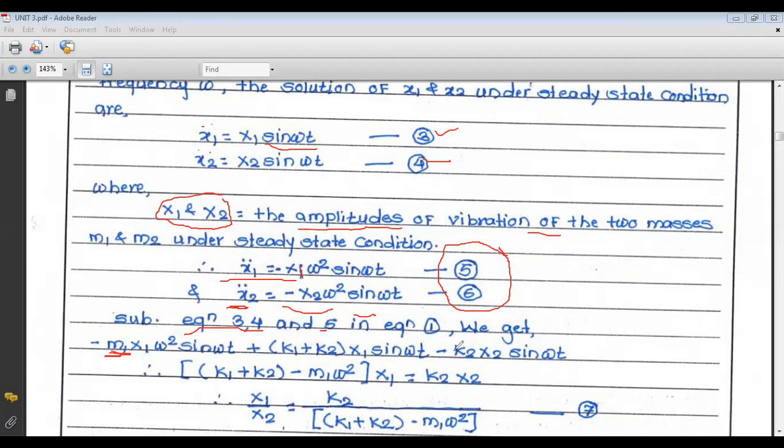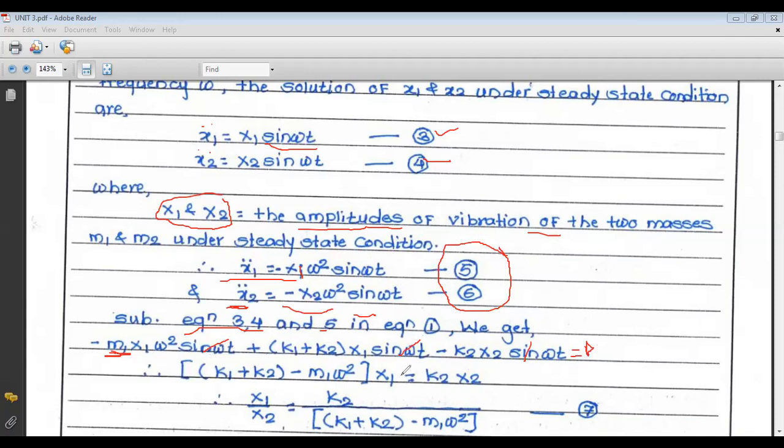Minus k2 x2, and the value of x2 is capital X2 sine of omega t. So all of it equals 0, and this sine omega t gets cancelled.